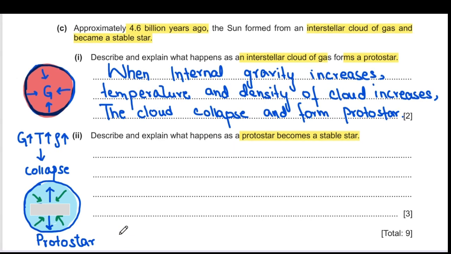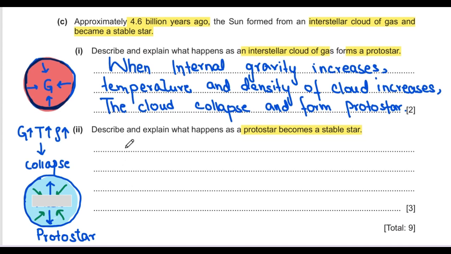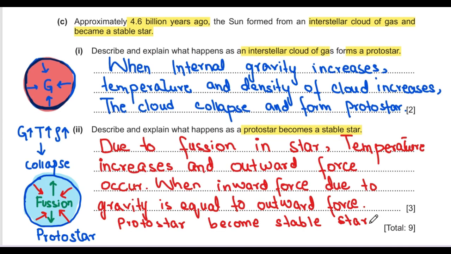So whenever this outward force and inward force are balanced, the star becomes stable. So the answer is due to fusion in the star, the temperature increases and outward force occurs. When inward force due to gravity is equal to outward force, the protostar becomes a stable star.